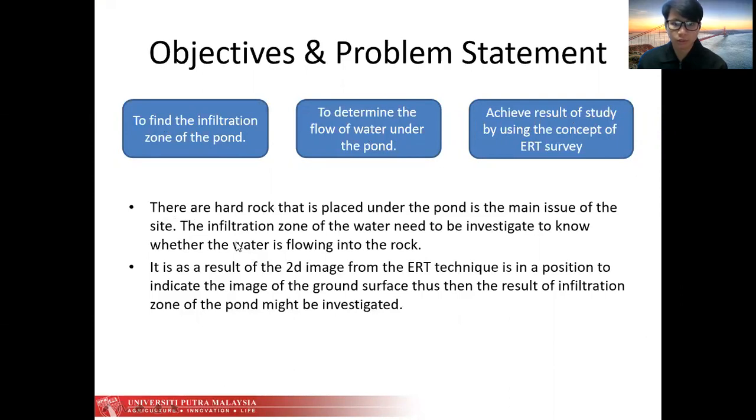The infiltration zone of water needs to be investigated to know whether the water is flowing into the rock or not. The ERT technique will be used to gain a 2D image, and this result will be used to investigate the infiltration zone.